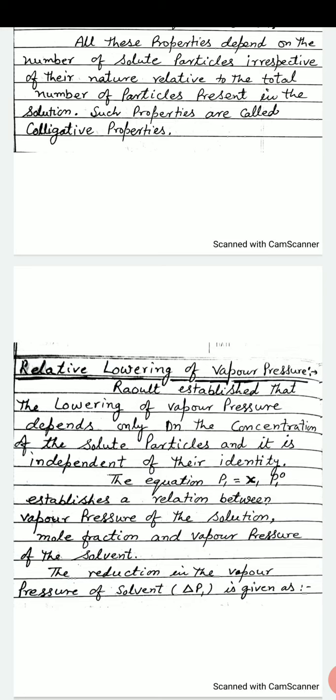Raoult established that the lowering of vapor pressure depends only on the concentration of the solute particles and it is independent of their identity.